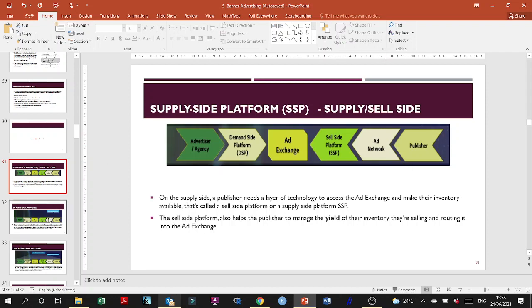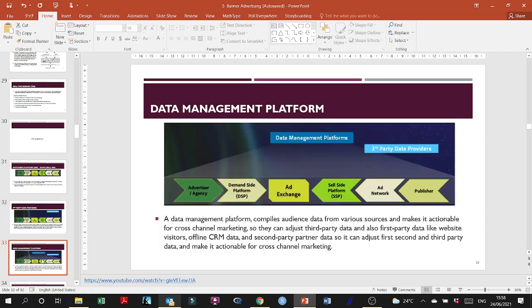Then comes the audience, a person, an impression that visits a publisher, and this impression has a certain intent value. So this side sends a notification, an alert to the ad exchange that we have an impression over here on this website.